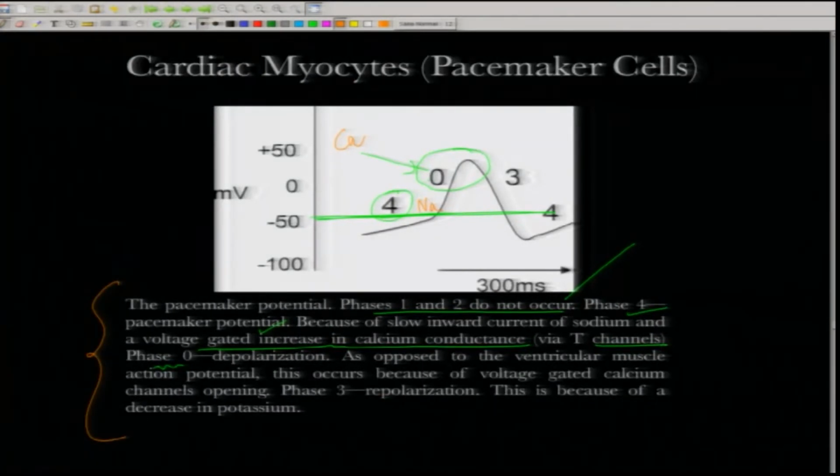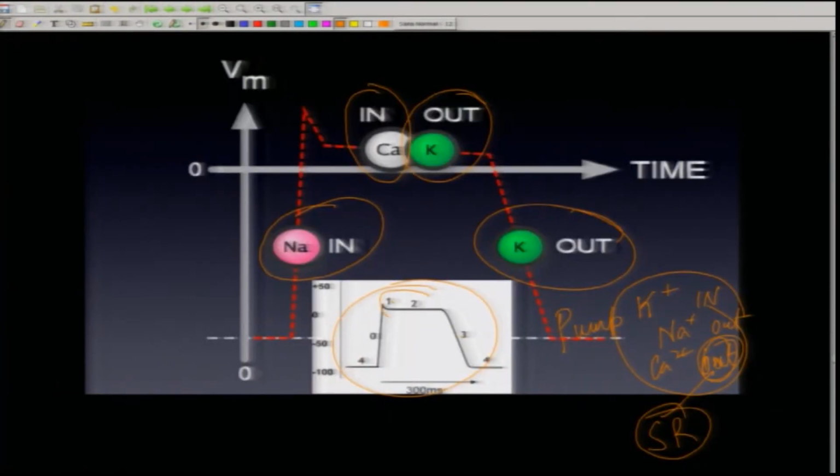Phase 1 and 2 does not occur. Now, phase 1 and 2, where is that calcium in and out, this phase does not happen in the pacemaker cells. So, remember this part. This is the basic fundamental difference, and these will be following something like this.